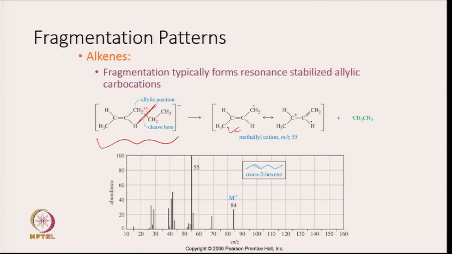Since this is resonance stabilized, it will be formed in greater amount, and so this species will correspond to the base peak. The size of this species is 55. So, you are seeing a most prominent peak at position 55, and that is basically the base peak.